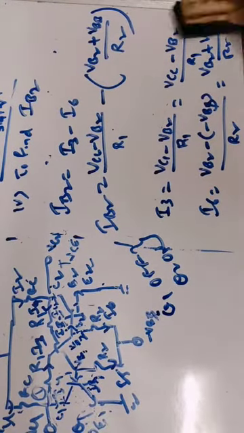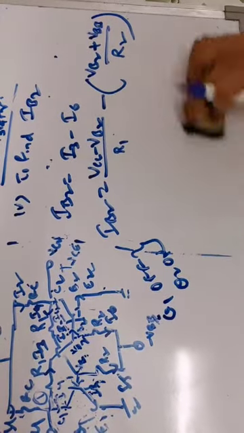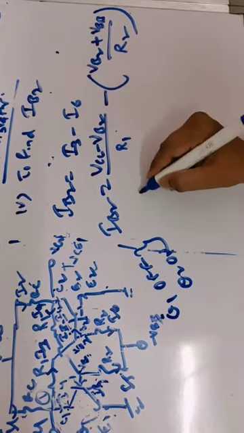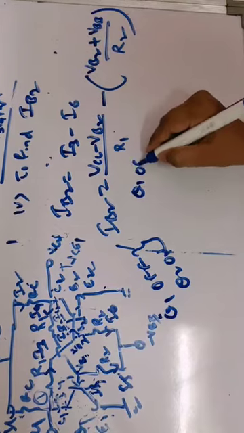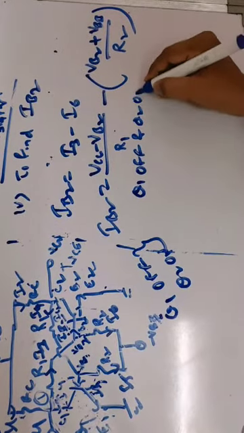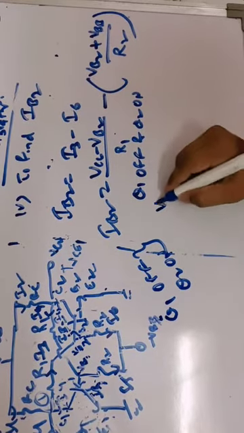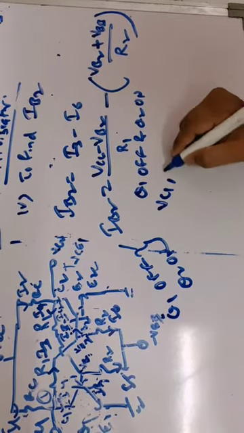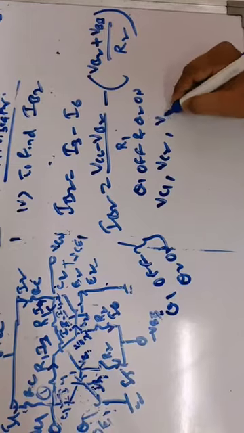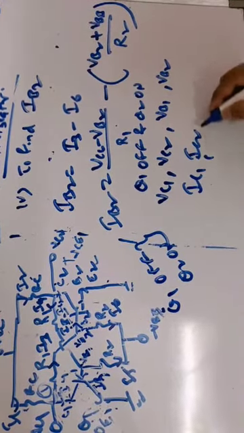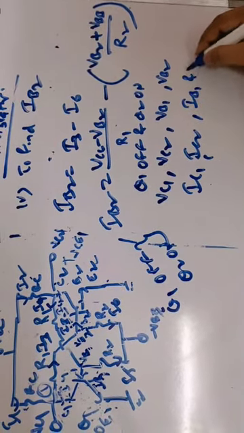Now we have got the stable state voltages and currents of a bistable multivibrator. We started with the consideration of Q1 off and Q2 on, and calculated the voltages VC1, VC2, VB1, VB2 and the currents IC1, IC2, IB1, IB2.